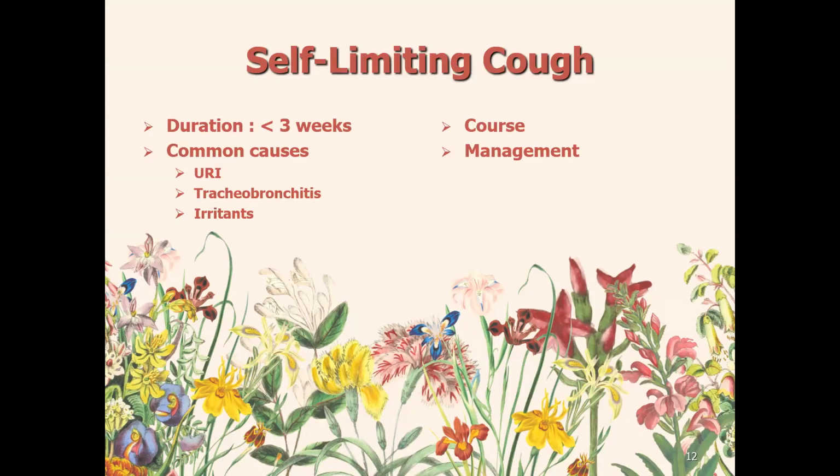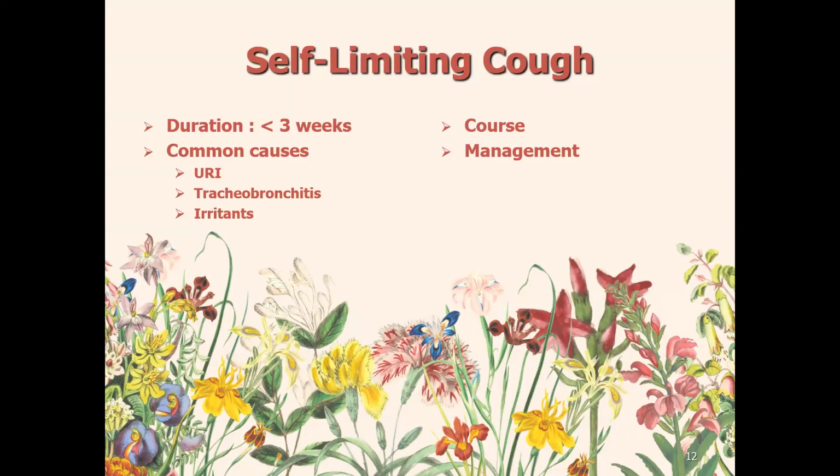Also, mild tracheobronchitis. Non-infectious causes might be transient exposure to environmental irritants like dust, smoke, chemicals, or pollen, allergic rhinitis, postnasal drip, or an exacerbation of a chronic condition like COPD or asthma. So the symptoms improve spontaneously as the inflammation subsides and airway irritation clears.